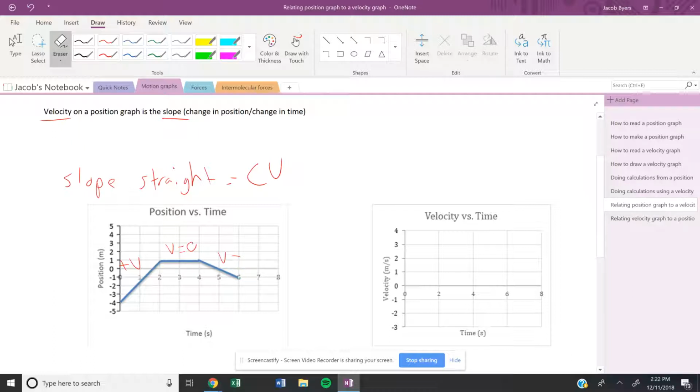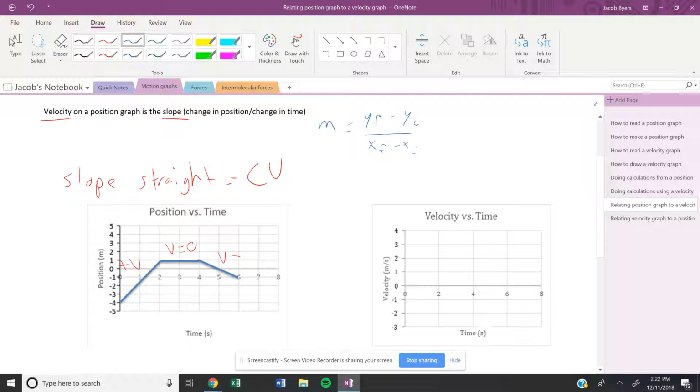Velocity is negative. In order to graph this, we have to take a look at what our slope actually is, and to find slope you just use your slope equation: m equals y2, or y final, minus your initial, over your final x minus your initial x.